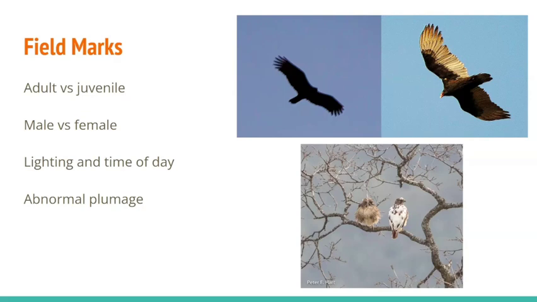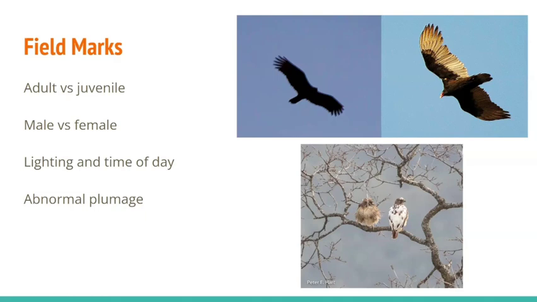And then that picture right next to it, you can see a very clear difference in the top and bottom of the wing. These two birds are both turkey vultures, but in one you can really see that nice two-toned, dark and silvery wing pattern, and the other one, it just looks all dark.